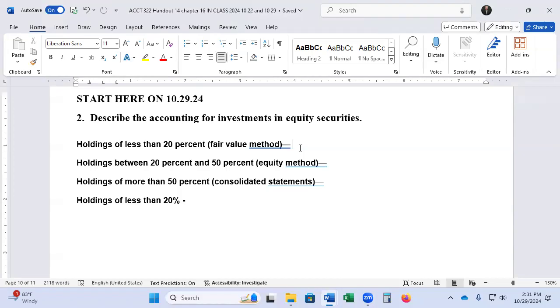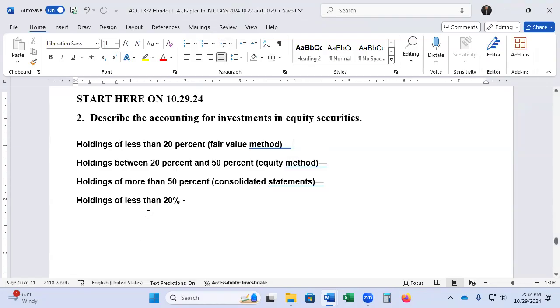So we're still talking about investments. And we're in investments for equity securities. So we talked about bond securities in the last class. And what we have here is how equity investments are accounted for.